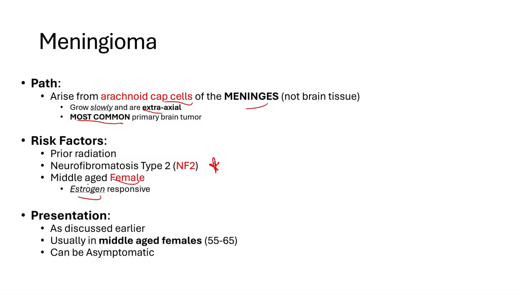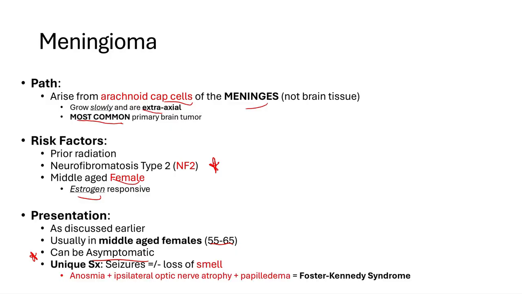The presentation is typically discussed earlier, but usually we see this in a middle-aged female, somewhere between the age of 50 to 60, and this can be asymptomatic, which is actually the most common presentation for meningiomas. In unique cases, though, you can get trouble with smell, ipsilateral optic nerve atrophy, so trouble with sight, and papilledema.